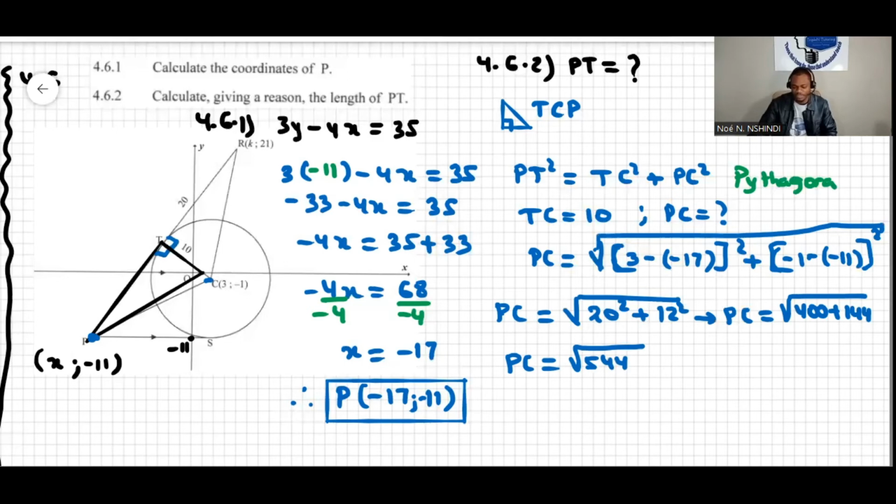No, I think it's wrong here. Since TC is 10, it's plus 100, and then over here it's 500. So we do 500, yes. Previously we did find that the square root of 500 is 10 root 5. Then we can apply Pythagoras, this formula here.